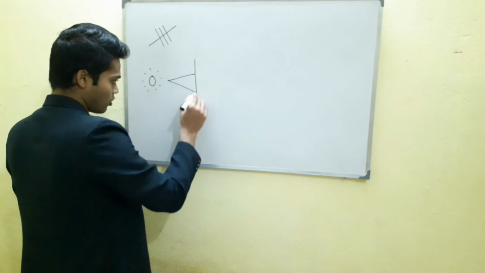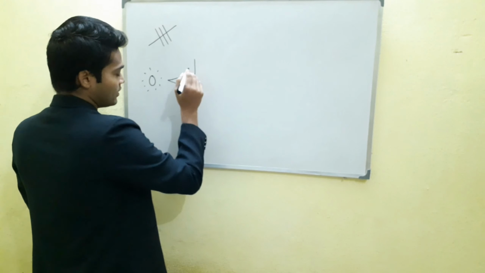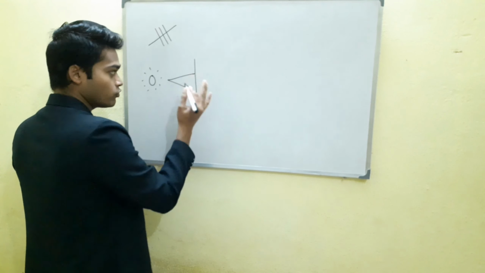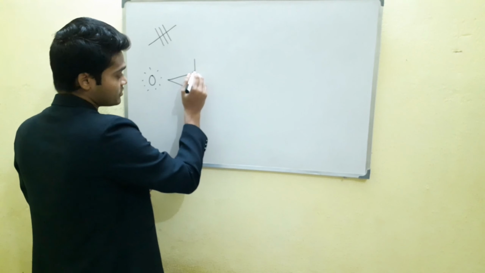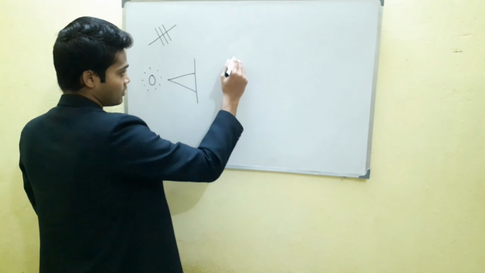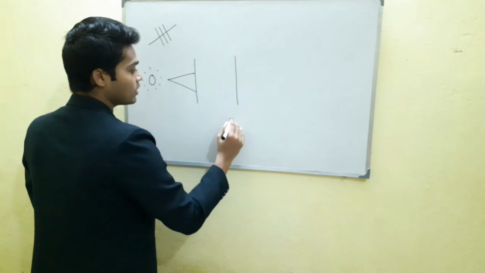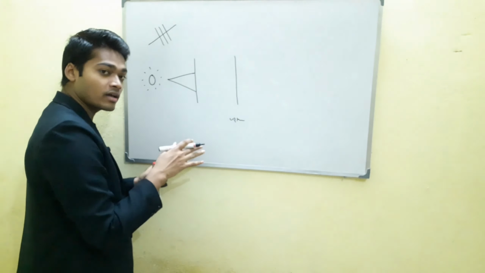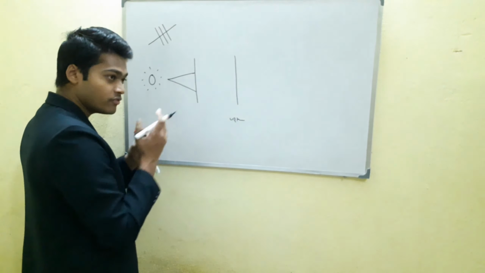After that, a strong lens is present, and this lens has two focal points, primary focal and secondary focal. Suppose exactly here we put the unknown lens, the lens whose power we wish to find out.